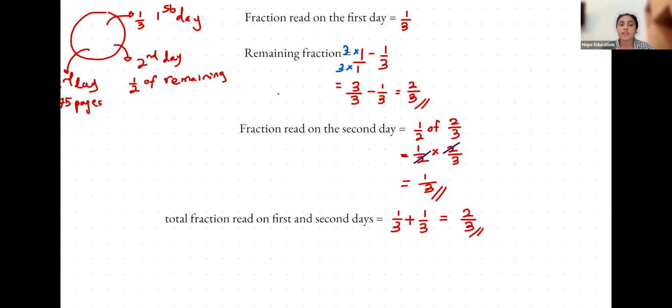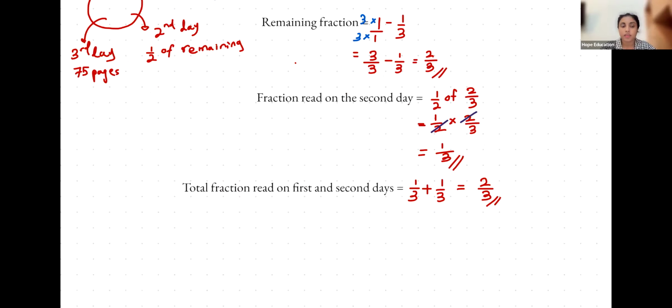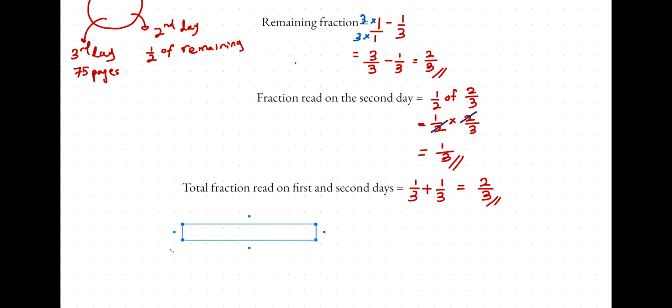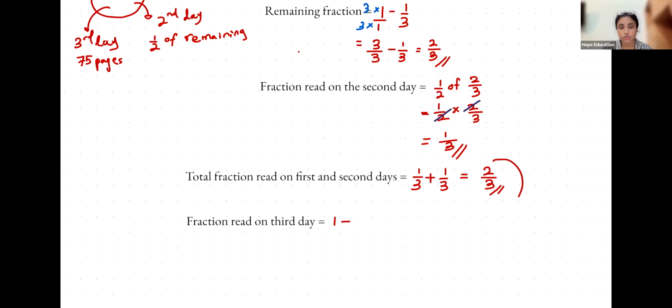Next we find the remaining fraction, because the remaining fraction is what she has read on the third day. So the fraction read on the third day: total again, you subtract. Total is 1. On the first and second days, she read a total of 2/3. So you subtract that.